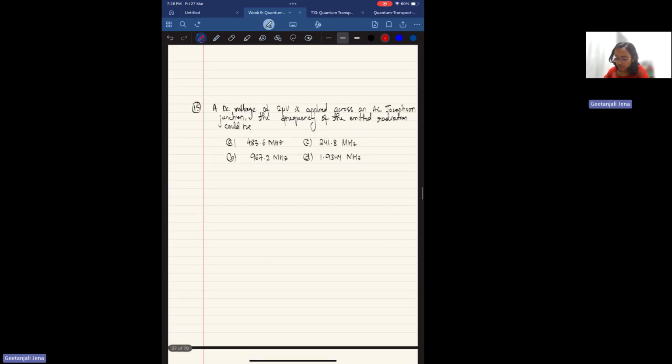Okay. Question number 15. A DC voltage of 2 microvolt is applied across an AC Josephson junction. The frequency of the emitted radiation could be. So the DC voltage is given, this is 2 microvolt. You want to find out the frequency of the radiation emitted through this AC Josephson effect. Let me give you 2 minutes, then I will show you the steps.